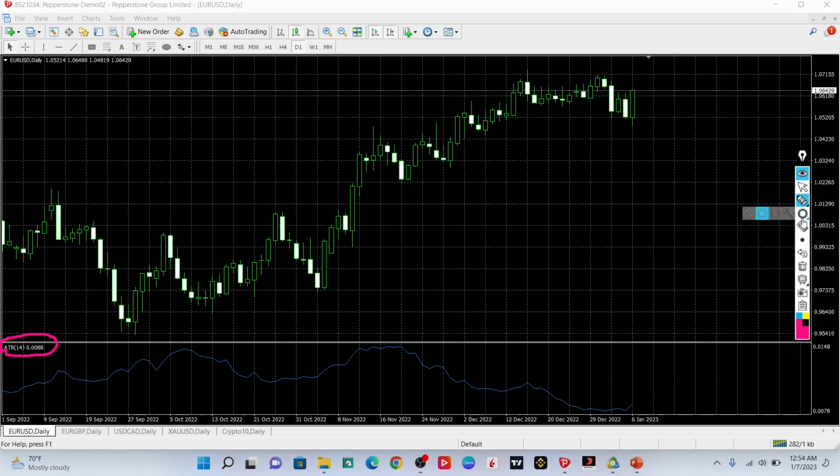Because here on the side of the prices, we are having five decimal places, but normally we take 4 decimal places, and that's why the ATR is reading 0088.